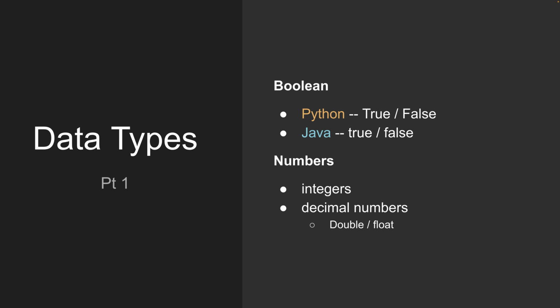And yeah, so those things are Booleans. And then numbers. We have integers, whole numbers, like 10 or -5. And then we have decimals like 5.2 and 3.14. In Python, decimals are pretty much all kind of the same. We don't define them as different doubles and floats.